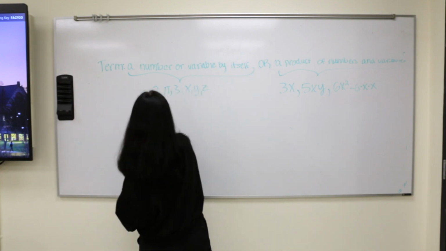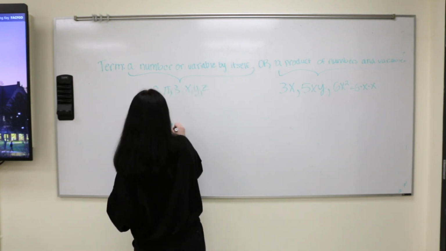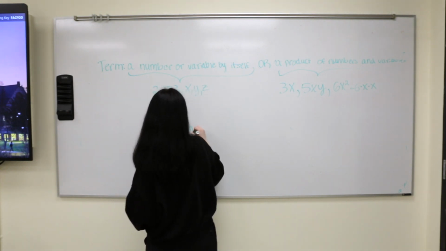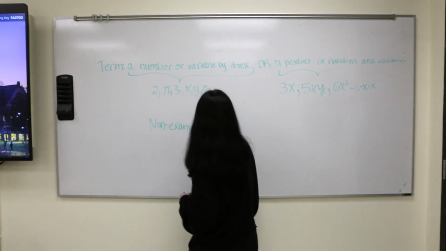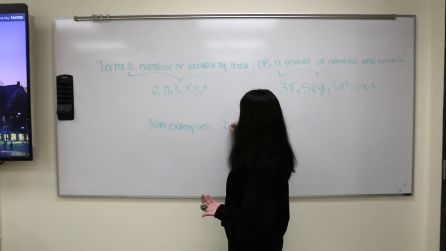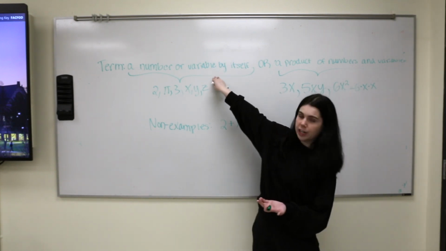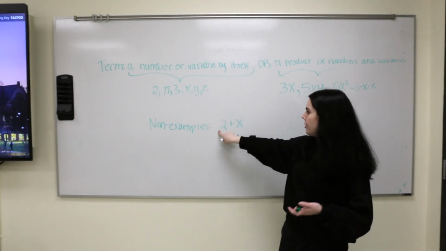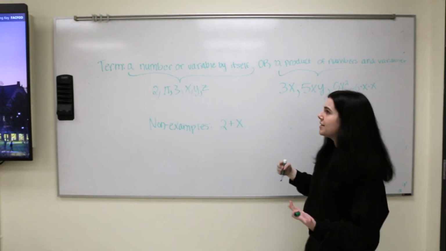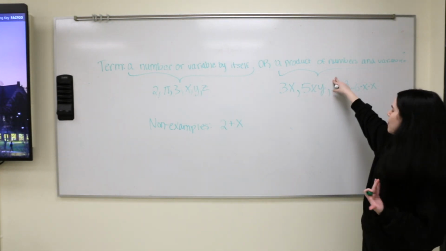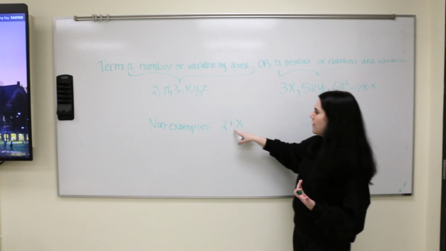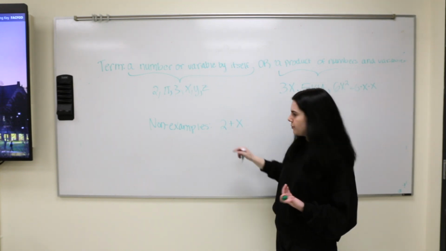Some examples of things that are not terms are things like 2 plus x. This is not a number or variable by itself because we have a number and we have a variable. And this is also not a product of numbers and variables because we have an addition sign separating them.